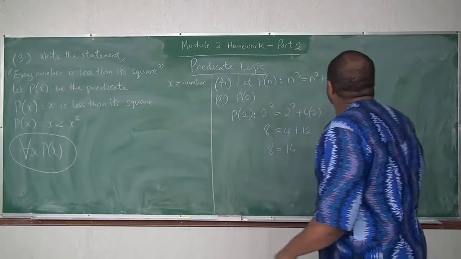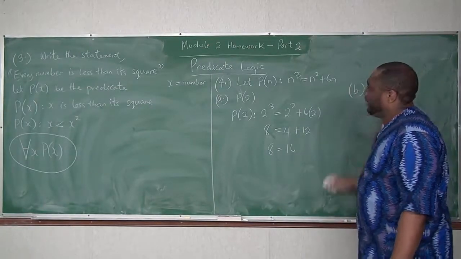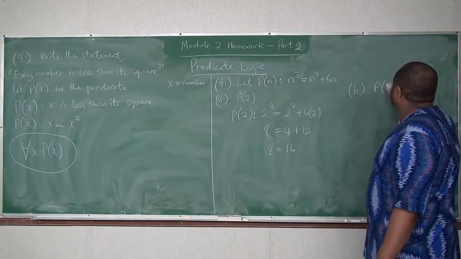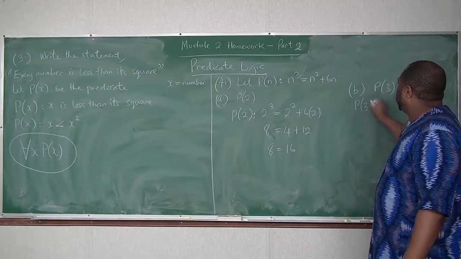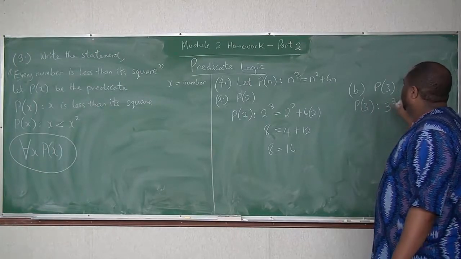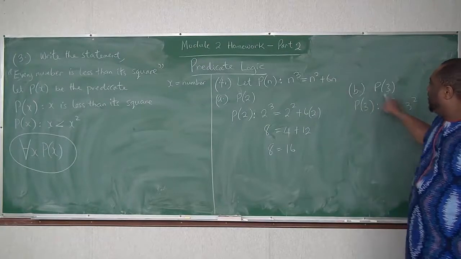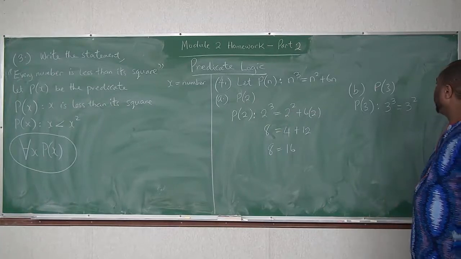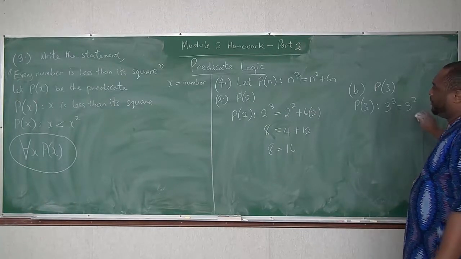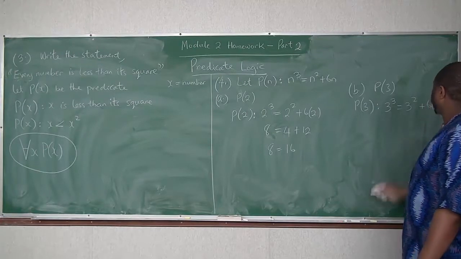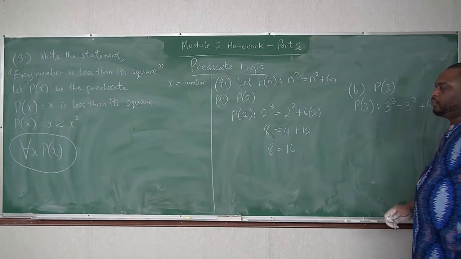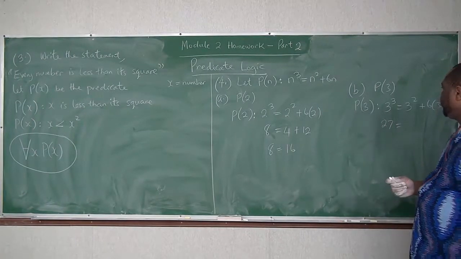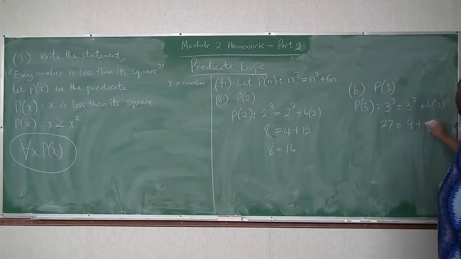That is the A part. B part: what is P of 3 as a statement? So P of 3 is such that 3 cubed is equal to 3 squared plus 6 times 3. Anywhere you see n, you put 3. 3 cubed is 27: 3 times 3, 9 times 3, 27. 3 squared is 9 plus 6 times 3 is 18.